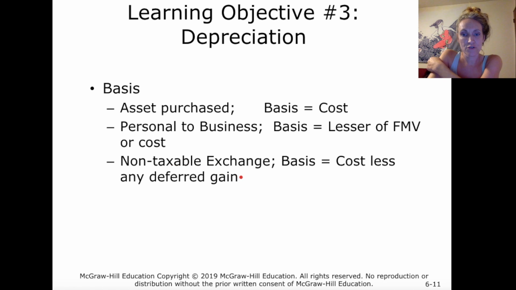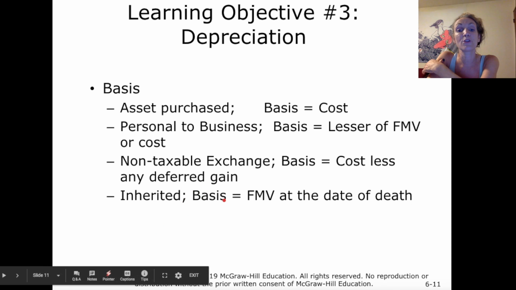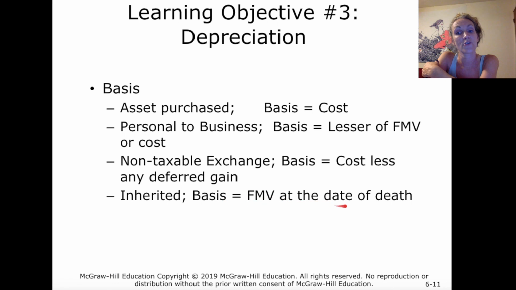Non-taxable exchange. So if you exchange for a like property, which we'll talk more about later on, then your basis is typically your own basis, adjusting for any deferred gain or loss. When you inherit an asset, basis is the fair market value at the date of death.